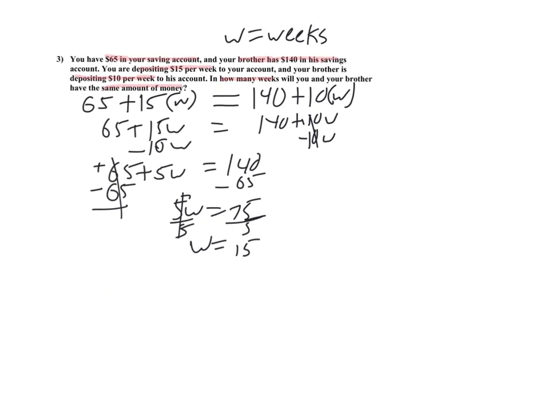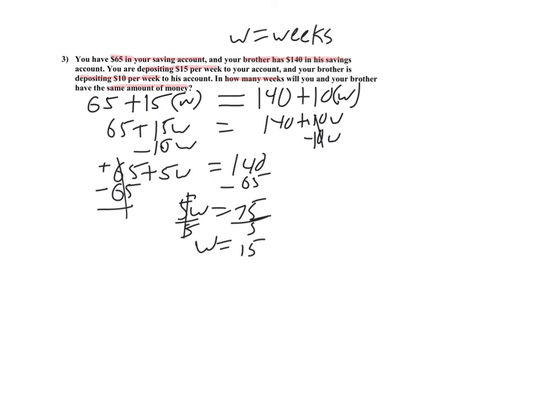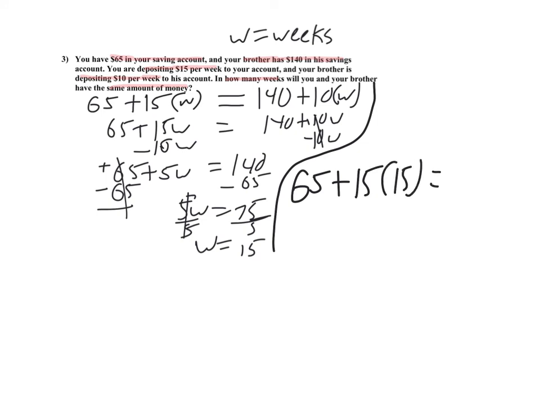So I'm going to move this up here, and we're going to check our work. So we're going to plug it in. I'm going to draw a little barrier here so it doesn't get distracting. We got 65 plus 15 times 15 is equal to 140 plus 10 times 15.